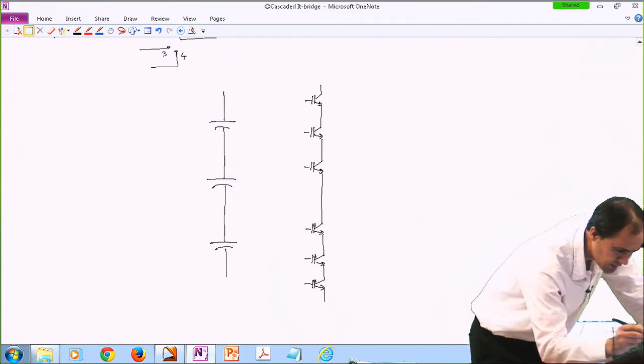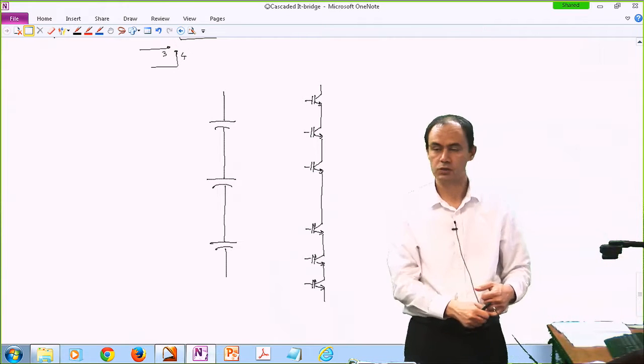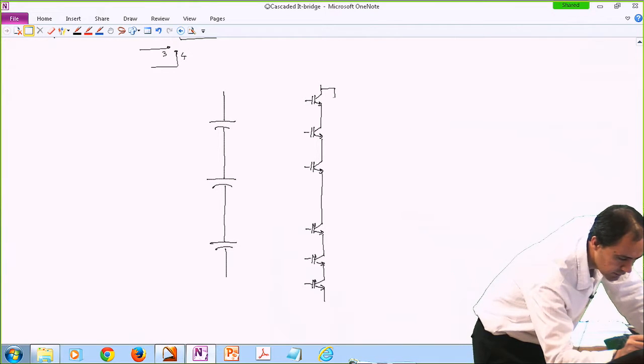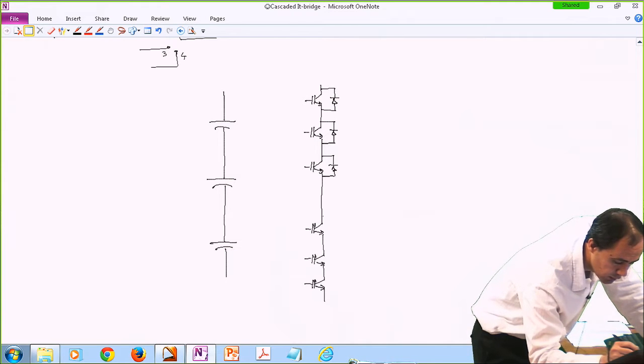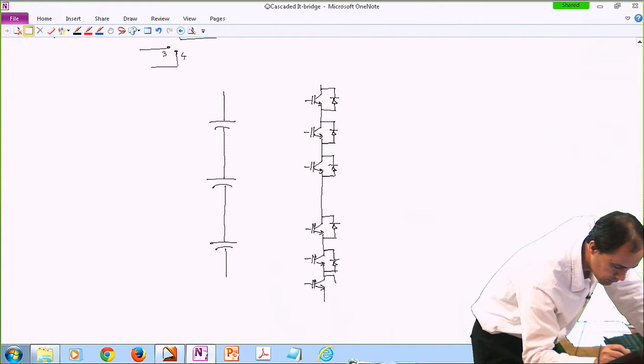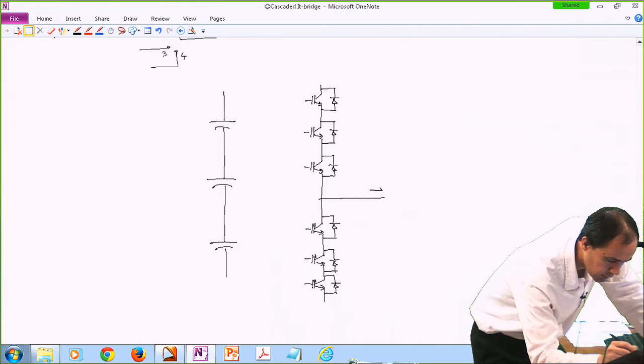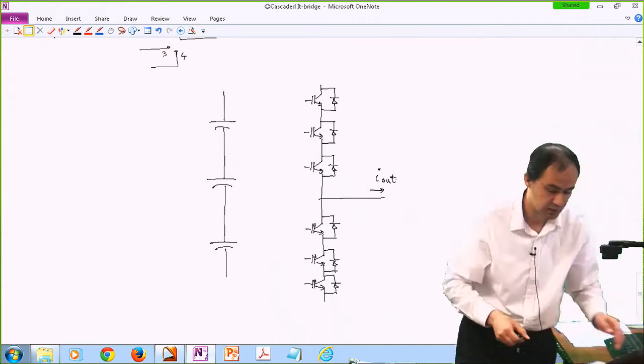So we are using six transistors, and all of these transistors have the anti-parallel diode for the case that we are working with, which is most of the cases anyway, a bidirectional output current. Okay, so this is your I out, or basically the pole current.